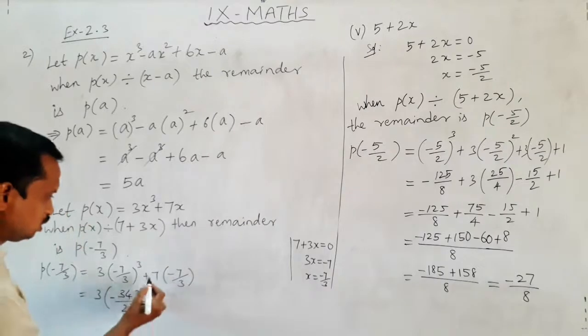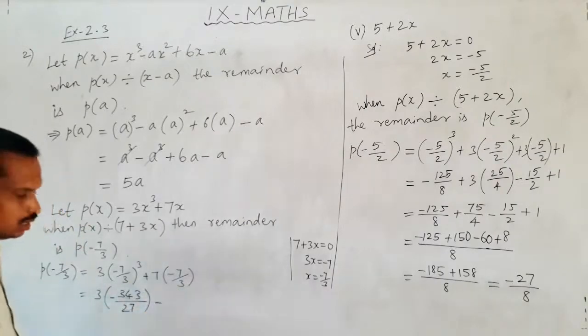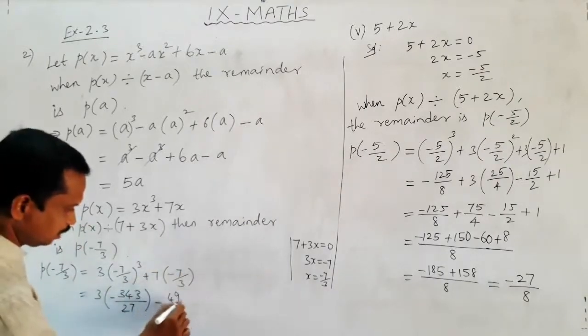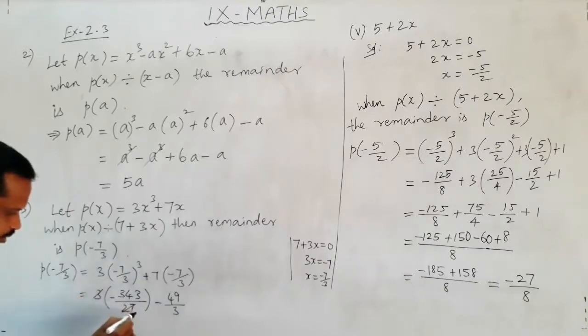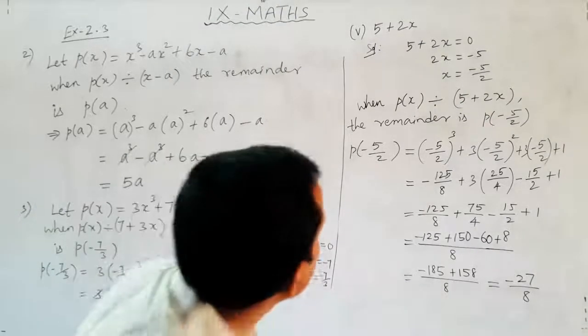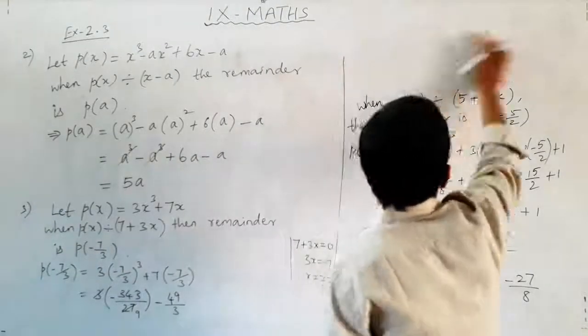And then this is plus into minus, so put minus 7 into 7, 49 by 3. And this 3 in the numerator and this 27 in the denominator, you can cancel by the 3 table and you will get 9. So here comes the simplification.